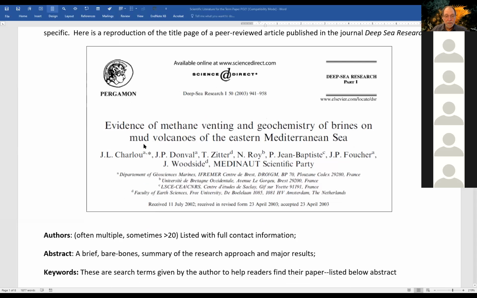So peer-reviewed articles have titles, and the titles have a different function from literature, from journalism. So if you look at an article in the Washington Post or in People magazine, the title is designed to catch your eye, to be punchy, to have an emotional impact on the reader, to cause the reader to stop and want to read the article because they respond to the way that the title is written.